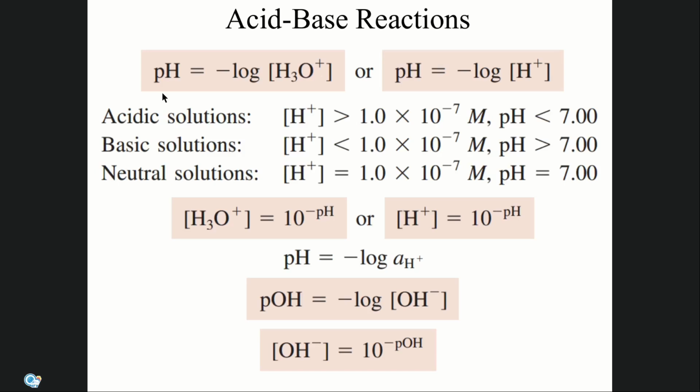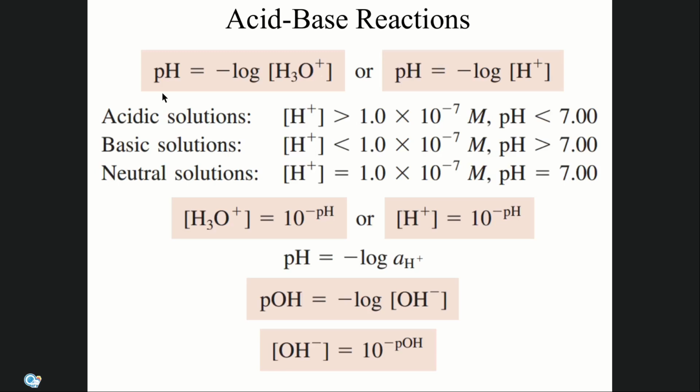Furthermore, the term concentration of H plus pertains only to the numerical part of the expression for hydrogen ion concentration, for we cannot take the logarithm of units. Thus, like the equilibrium constant, the pH of the solution is a dimensionless quantity.